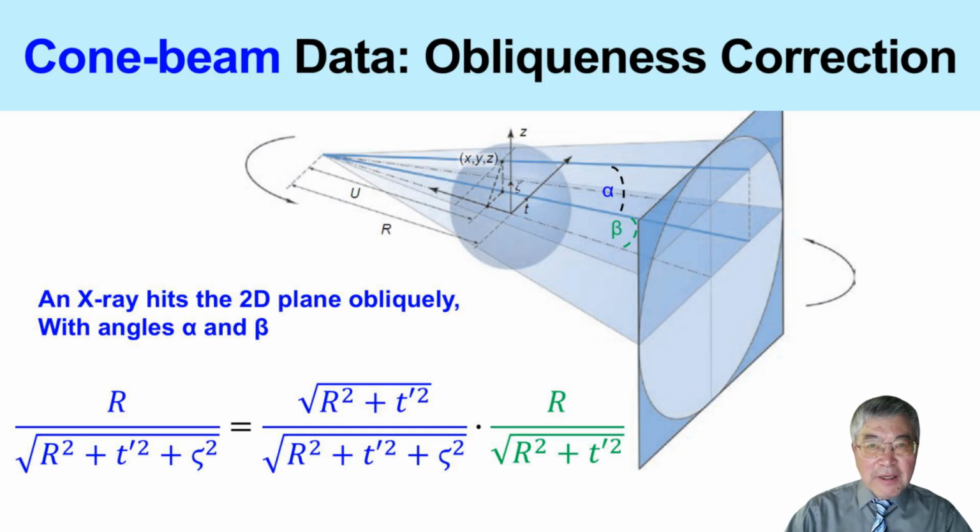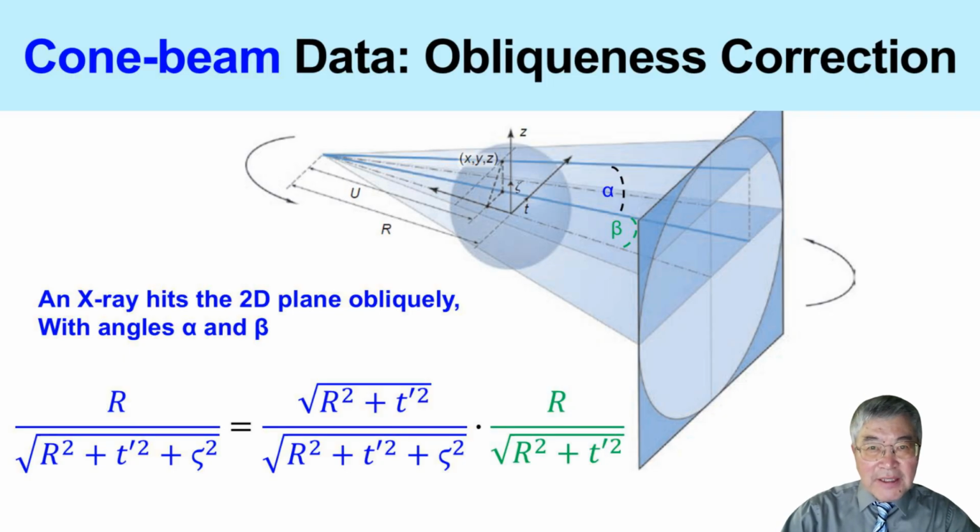In the figure, the ray passing through the small point object makes one angle in the horizontal direction, which we can call beta. It also makes another angle in the vertical direction, which we can call alpha. The beta correction is the same kind of correction we already used in fan beam CT. But now, because the ray also tilts out of the transverse plane, we need an additional correction for alpha.